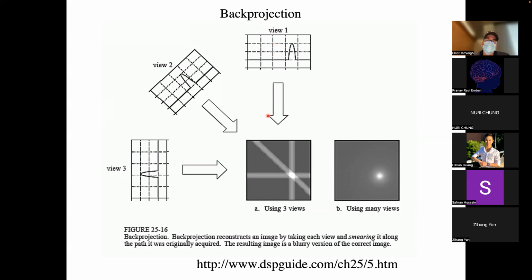So let's look at an example of, say, a disk in a two-dimensional field of view. Here's my disk. The true image is a circular object that's constant amplitude at a specific point and a given width. When I take my data, this would be the L direction, and theta here is, say, 90 degrees.